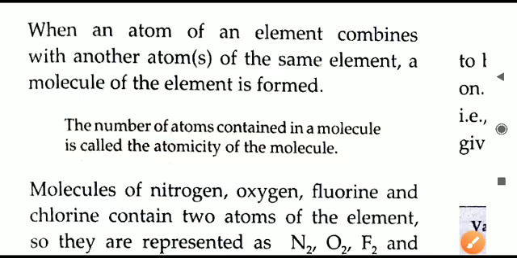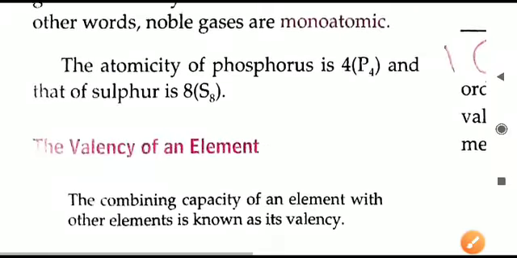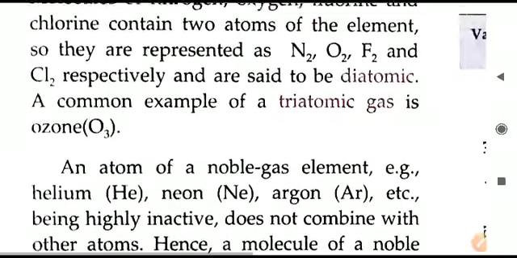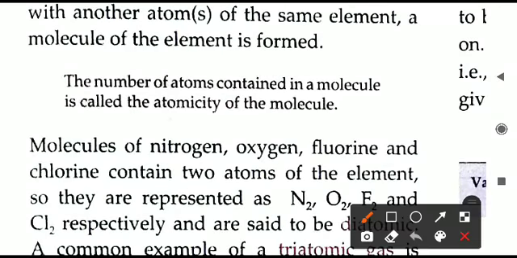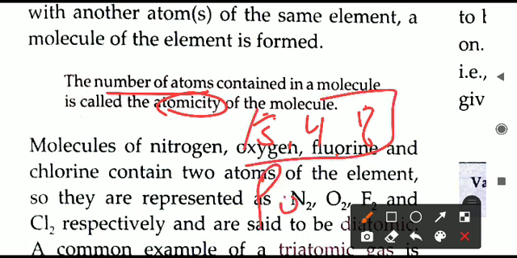So that's all. One more concept you can also write, which I think is not mentioned here, but still you can learn: if the atomicity is more than 2, that is, if the atomicity is 3, 4 or 8, and the particular molecule is triatomic, tetraatomic or octaatomic, then we can say that the molecule is polyatomic.